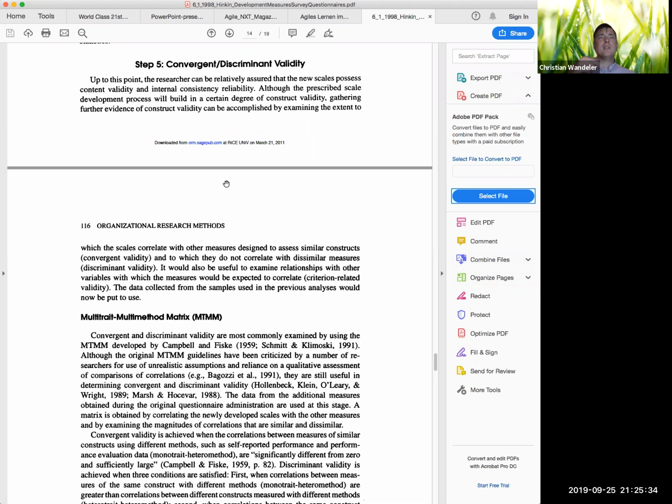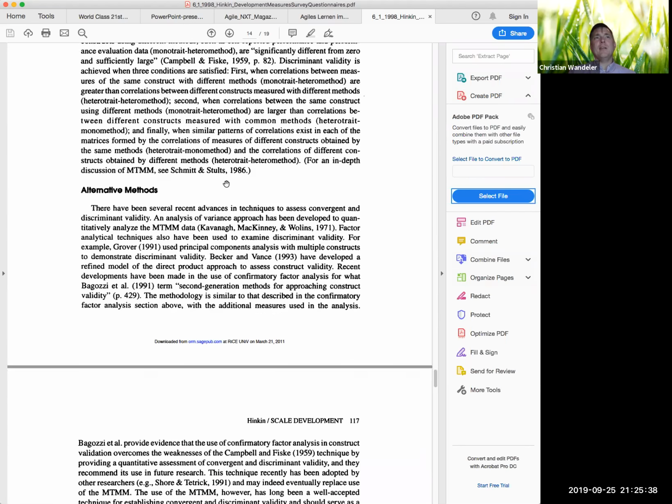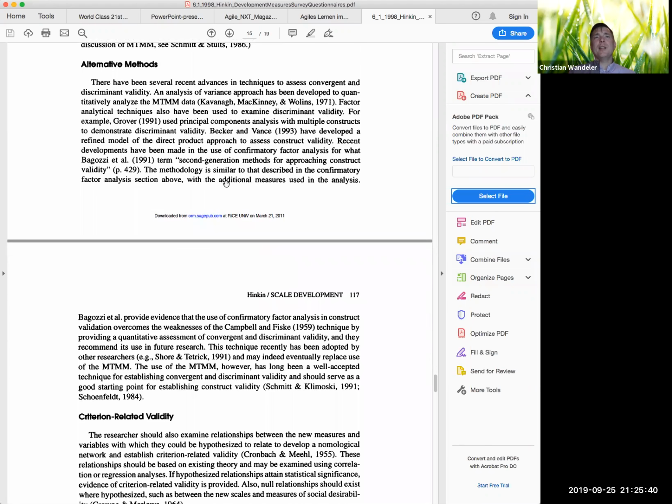Now, discriminant validity would be the opposite, right? Where we say, hey, if you're authoritative, you're probably low in participatory leadership, right? So there should be a negative correlation between things that your instrument is not, right? Things that your construct is not. Let me make another example. Let's say you have a scale that measures courage of people, right?